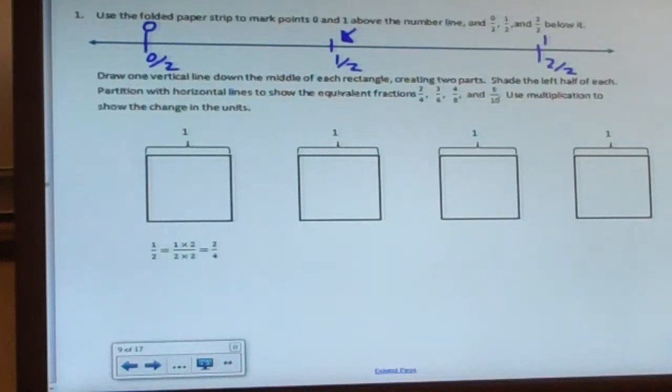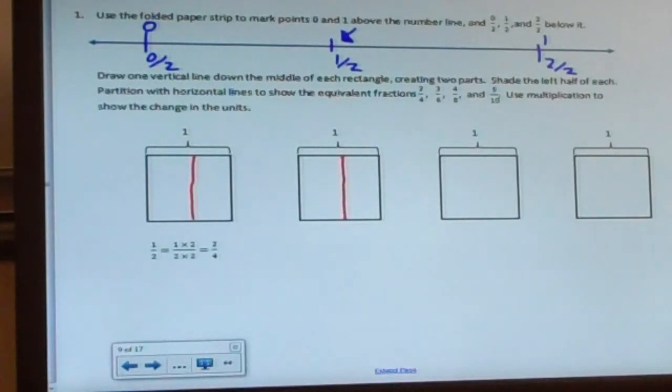Okay, so all of these are going to be equivalent to 1/2. So they want us to create equivalent fractions to 1/2: 2/4, 3/6, 4/8, and 5/10. So let's start. It says draw one vertical line. Vertical means up and down the middle of each rectangle.